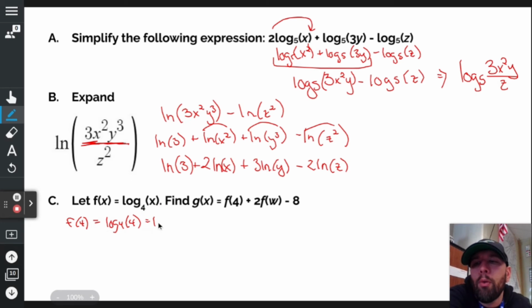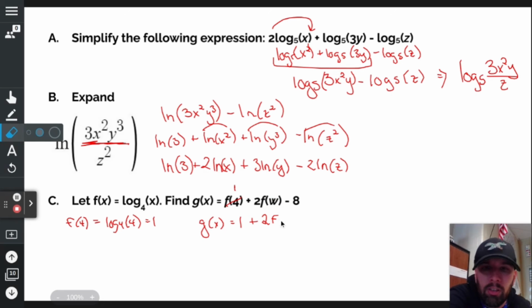So f of 4 is 1. So g of x is going to be 1 plus 2 f of w, which is going to be log base 4 of w.